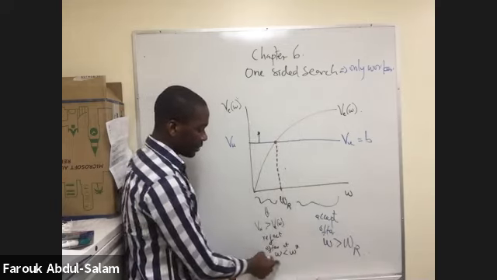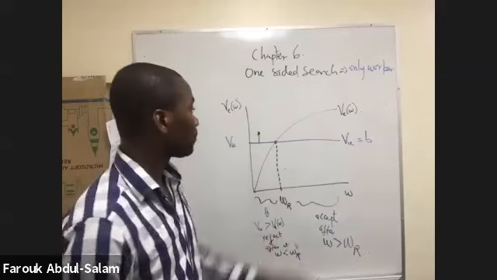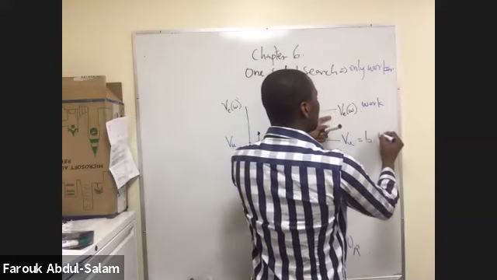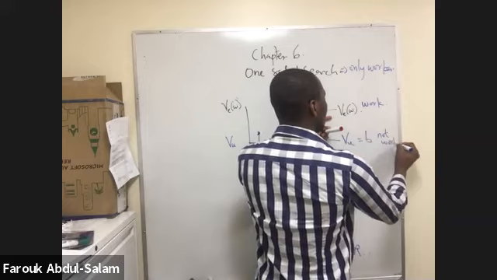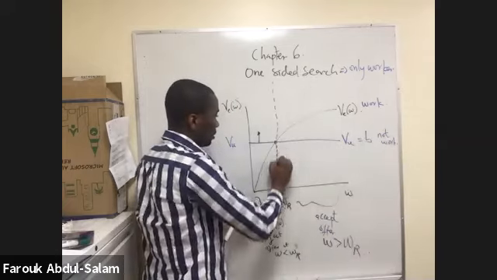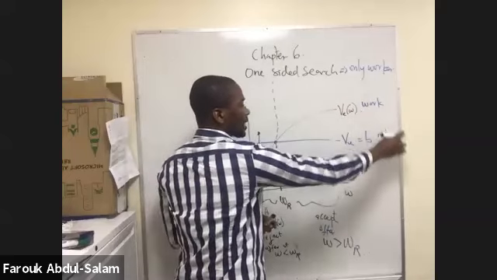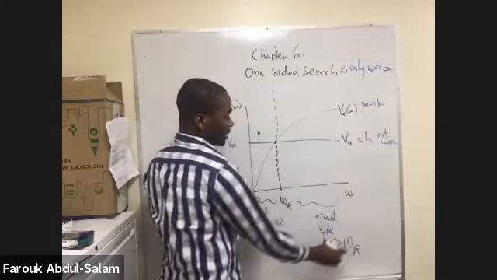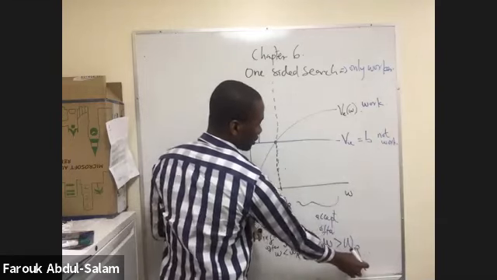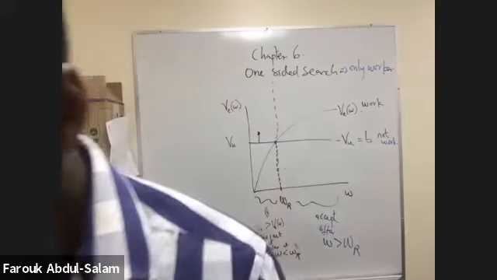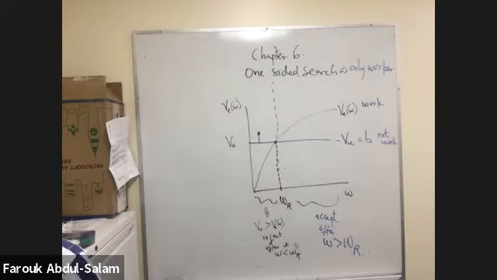Whenever your W is lower than WR, you wouldn't. In all the regions here, the value of work is higher than the value of not working, and that is because W is greater than the reservation wage. And the opposite applies here. John, did that answer your question? Do you want any further clarification?